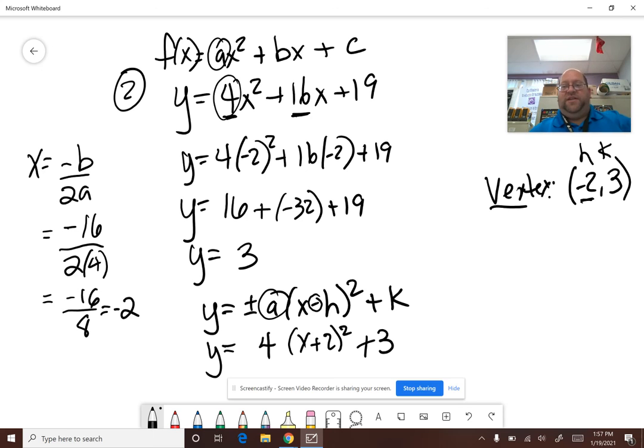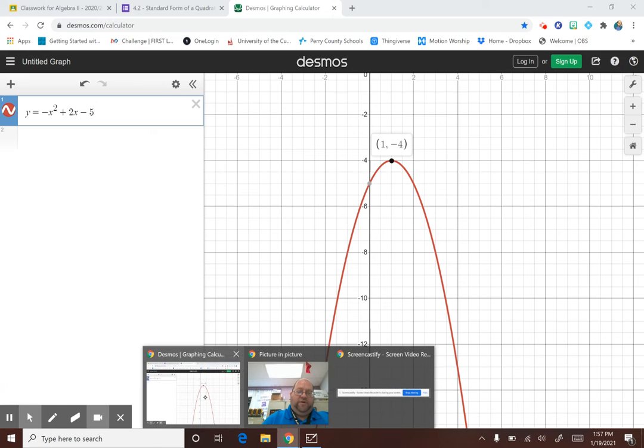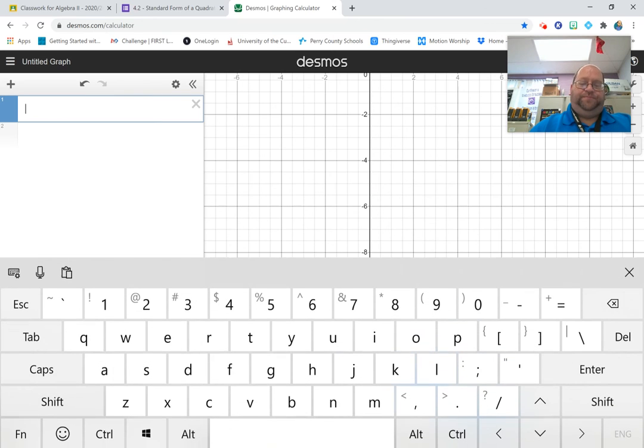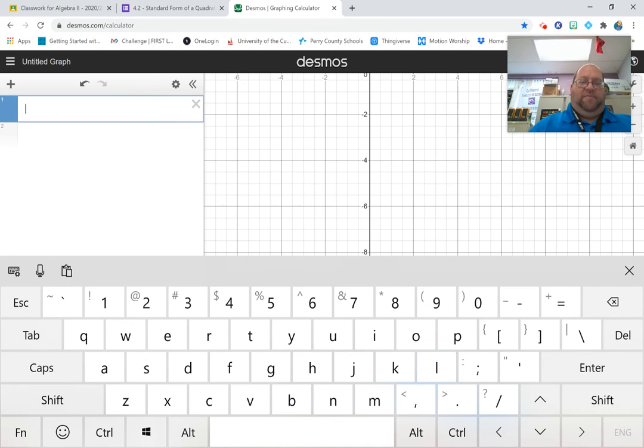So let's do this just for fun, just to see if it works out. We're going to go ahead and stick this in the graphing calculator and see if we come up with the same graph that we get for that one right there. All right, so let's try that real quick. We're going to clear that one out and do a new one. Of course, it's going to pop up that little screen, but we don't care because we're going to make it work anyway.